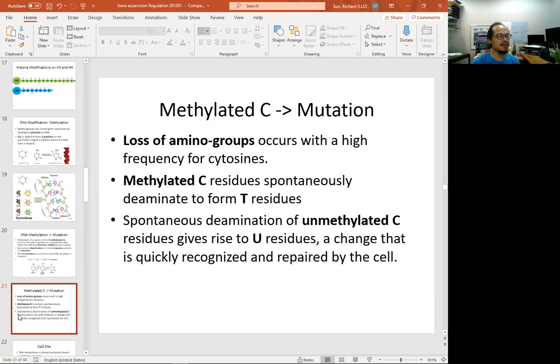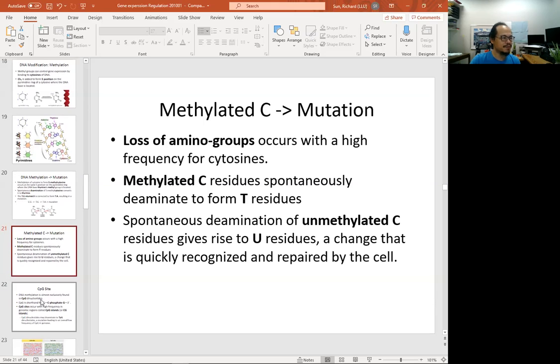If this is methylated C, it will turn into T. If this is not methylated C, it will turn to U. And that change can be fixed. But if it's changed to T, then there's a chance that we will fix it to become an AT, and that's the mutation.